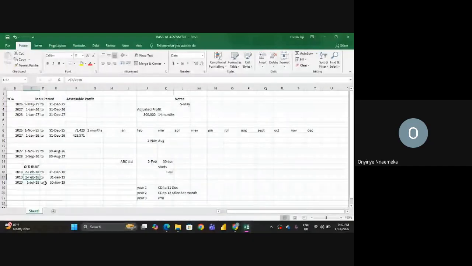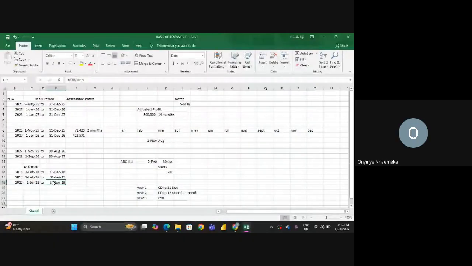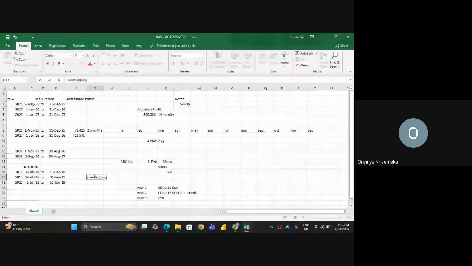From July 2018 to January 2019 has been taxed twice in this 3rd year. That's what we call overlapping. When you are taxing a particular amount more than once, you are charging it to tax more than once, what is that called? Overlapping. It's called overlapping. So that's why the rule had to change.